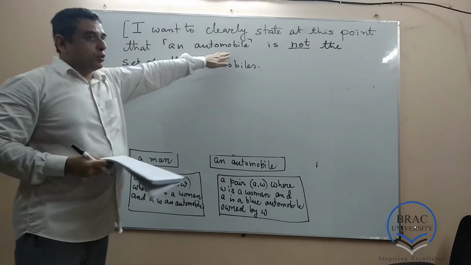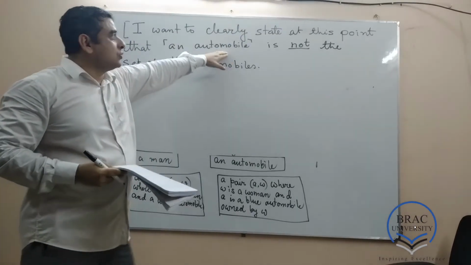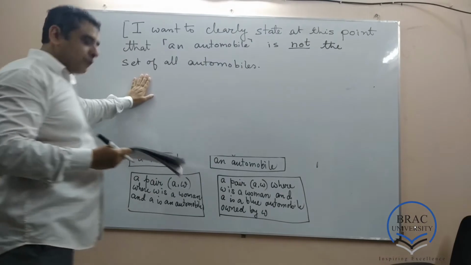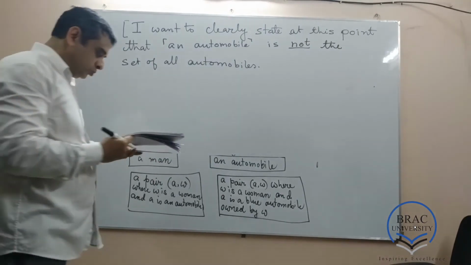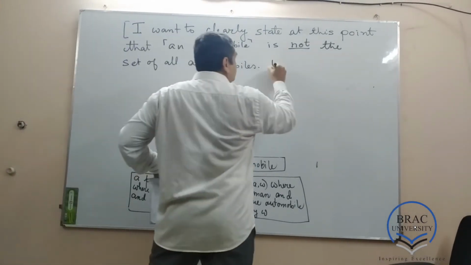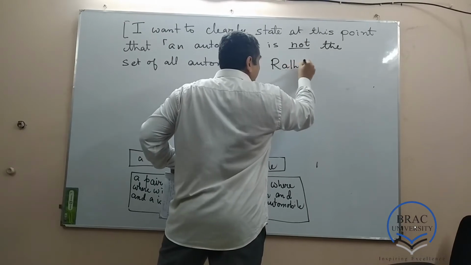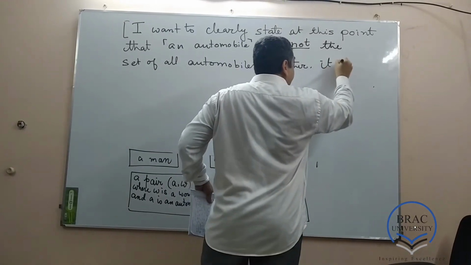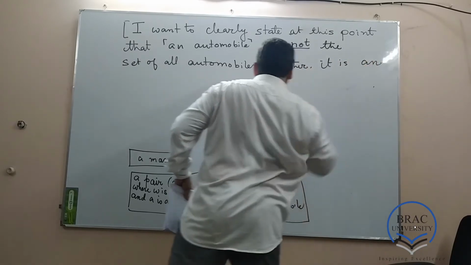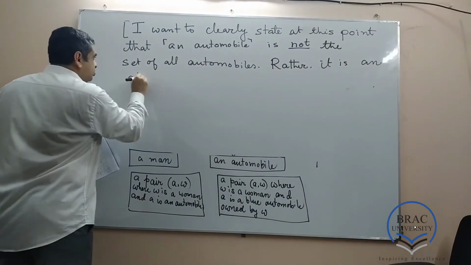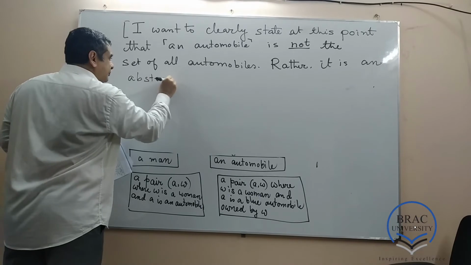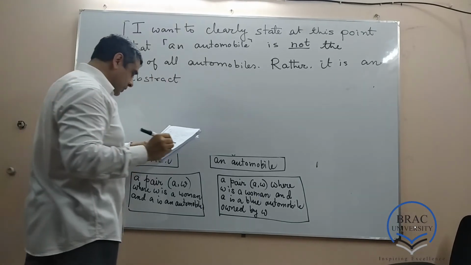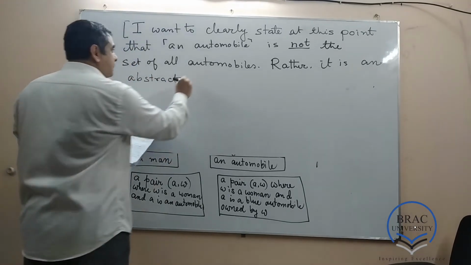So an automobile, the type, is not the set of all automobiles. Rather, it is an abstract type.